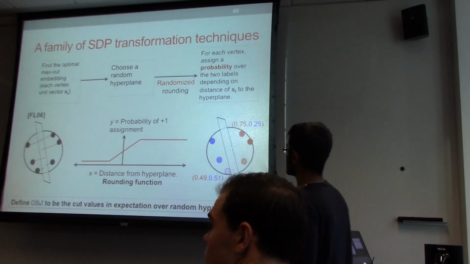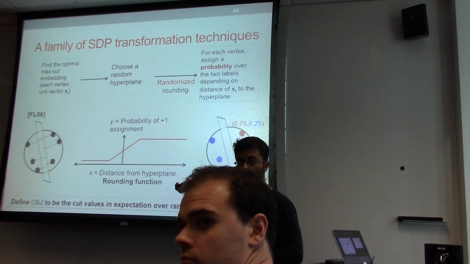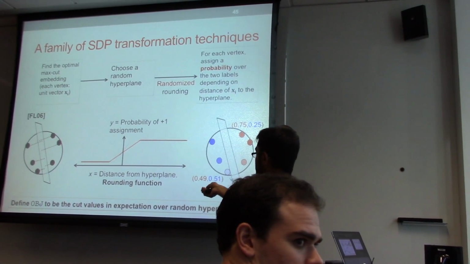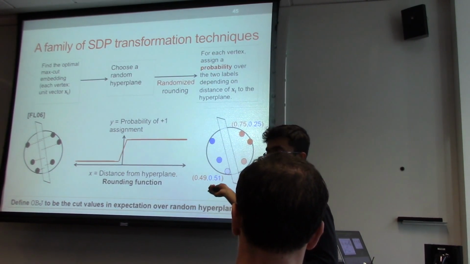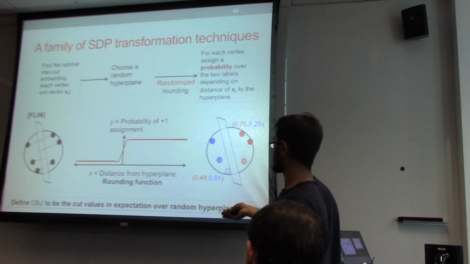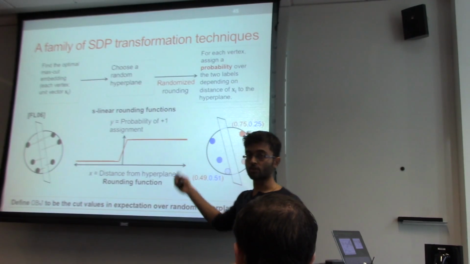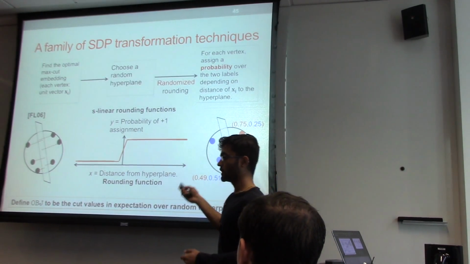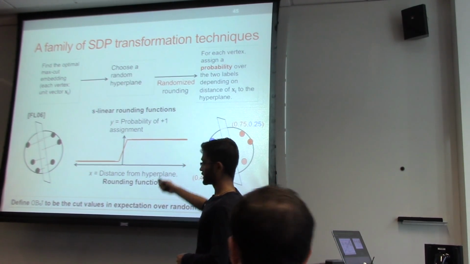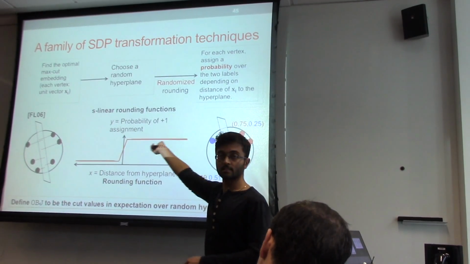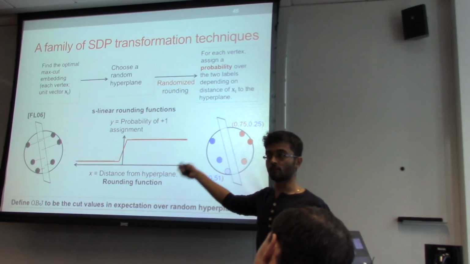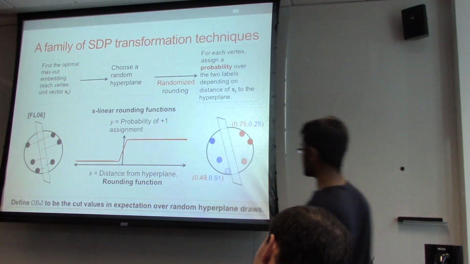Okay, so now I said there is this rounding function, and I could potentially use different rounding functions, and that's where the family of algorithms comes from. So here in particular, we are talking about an s-linear rounding function, in which you have these piecewise linear functions, and s is a parameter that determines the slope of the middle piece.